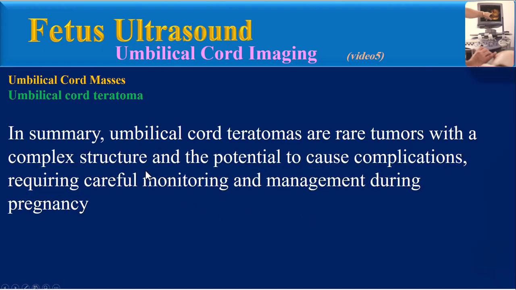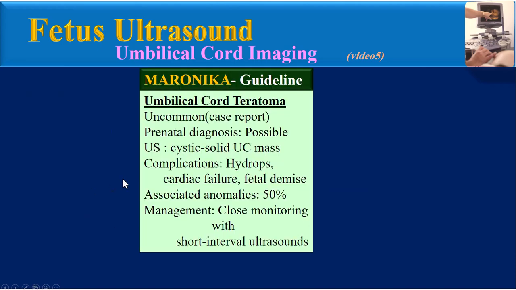In summary, umbilical cord teratomas are rare tumors with a complex structure and the potential to cause complications requiring careful monitoring and management during pregnancy. If we want a quick guideline for umbilical cord teratoma, we can say it's uncommon, only reported as case reports.